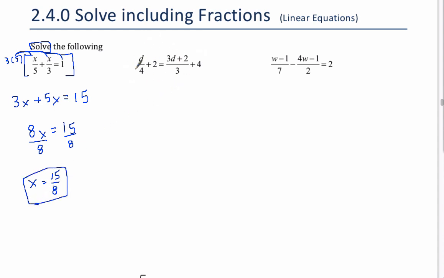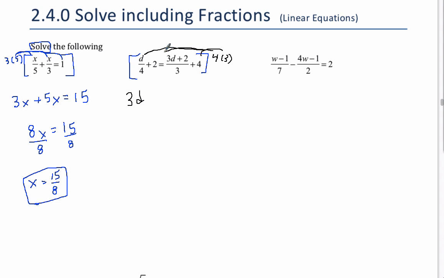In the next example, the common denominator is 4 and 3. Again, the command term is solve, so we're going to multiply by 4 and 3 until we've cleared the fraction and have a subsequent easier equation to solve. 4 times 3, the 4's cancel. We're left with 3d.